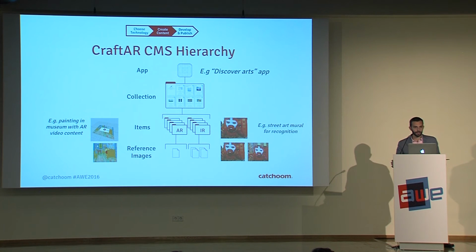Collections have items, and items can be of two types: image recognition items and augmented reality items. The augmented reality items have typically one reference image, the one that will trigger the experience, and together with that you will have whatever content you have associated, and of course all the tracking components that happen seamlessly behind the scenes. By content I mean if you attach a video or a 3D model, etc., this goes together with this item.